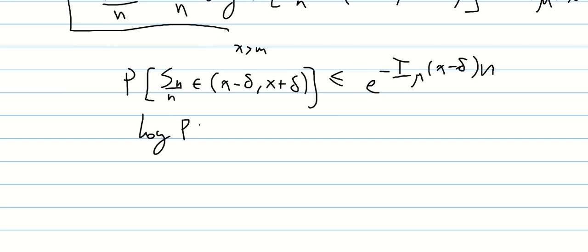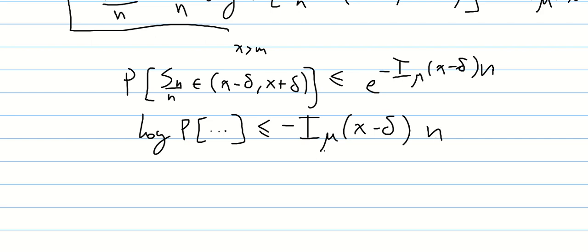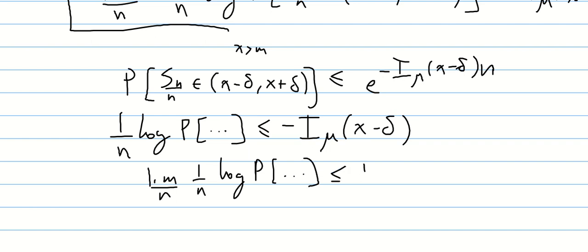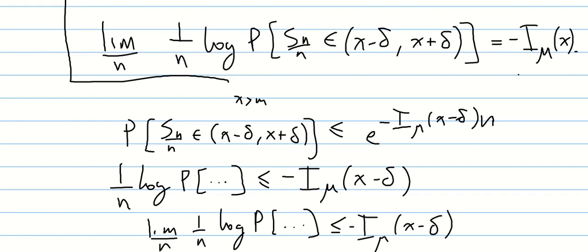So the log of this probability is smaller or equal than minus I mu of (x minus delta) n. Then we can divide by n on both sides, and we can take the lim inf, and we get that the lim inf in n of 1 over n log of the probability is smaller or equal than minus I mu of (x minus delta).